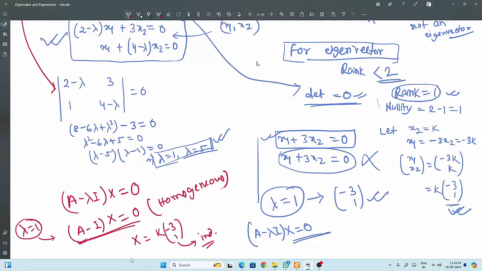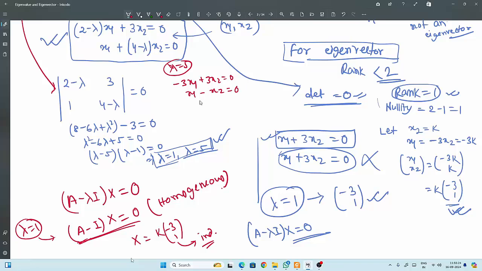Why am I saying that? Now if you put lambda equal to 5 in this equation, what are you getting? 2 minus 5 means minus 3x1, then plus 3x2, this is equal to 0. And if you put 5 here, it will be x1, and then 4 minus 5 means minus x2, so x1 minus x2 is equal to 0.